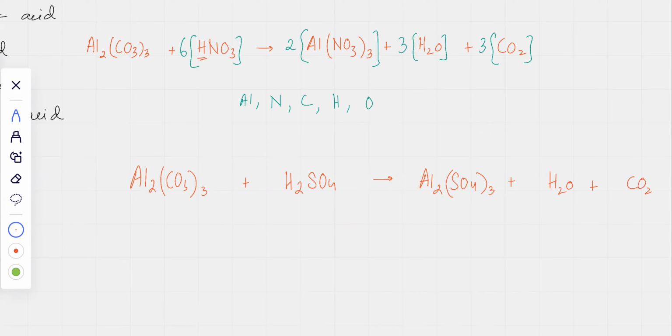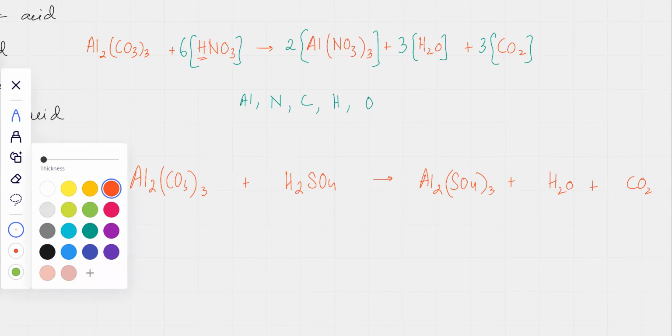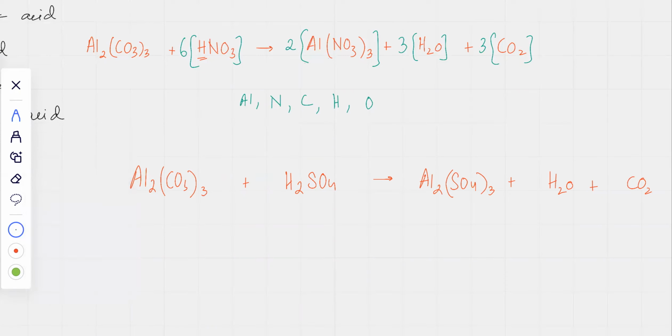That's this one. Now, what we're going to do is we're going to try and balance it. Okay, so Hamza, which one is the easiest to balance out of all of them? Sir, S. So let's start with this. How many S do you have over here? Sir, 3. So you have just one S over here, right?